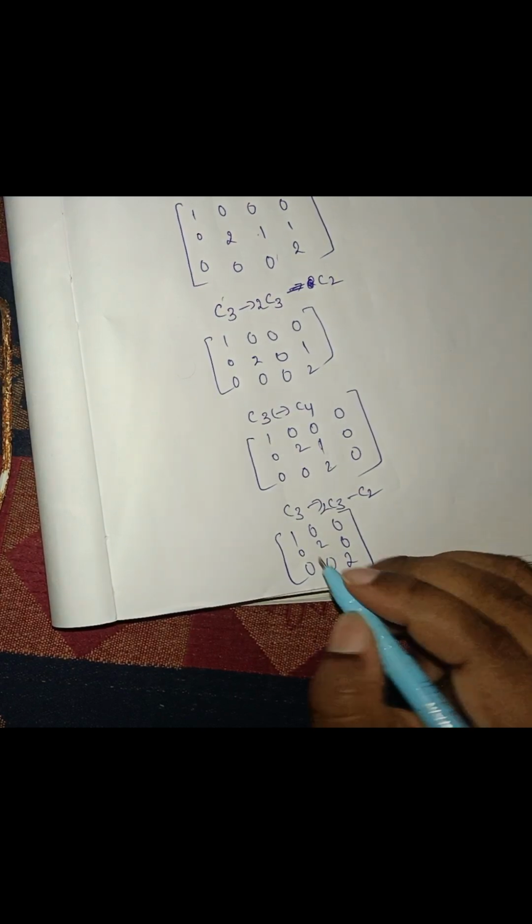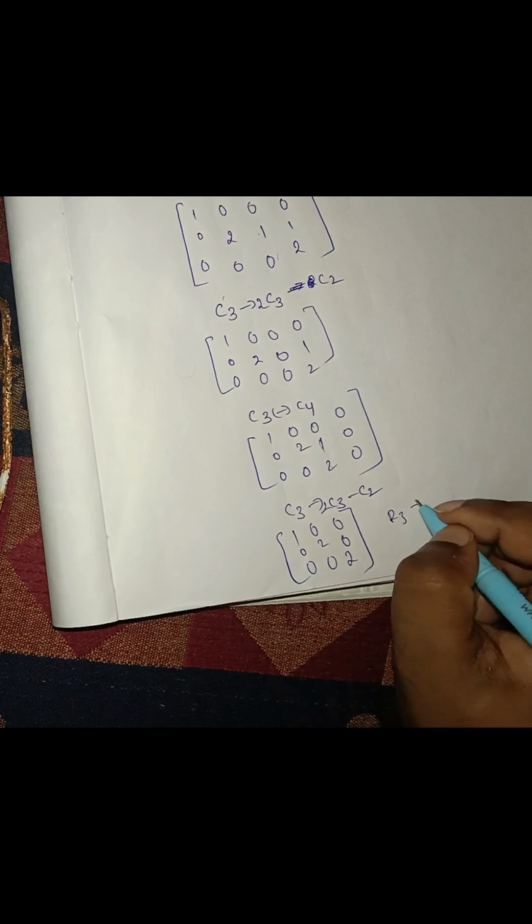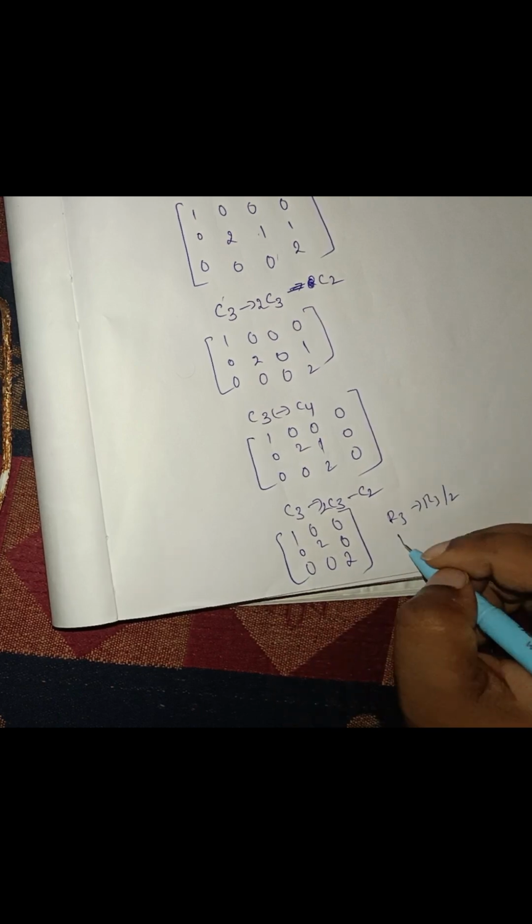Now what is the common? R3 tends to R3 by 2, R2 tends to R2 by 2. So the remaining is 1, 0, 0, 0, 1, 0. This C4 is common, I forgot to write here. 0, 0, 0 and 0, 0, 1.